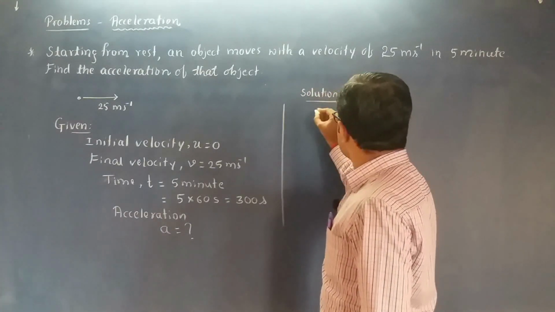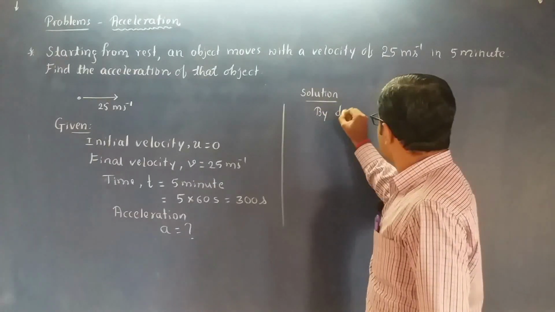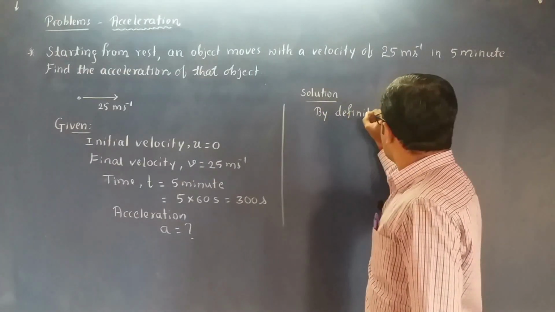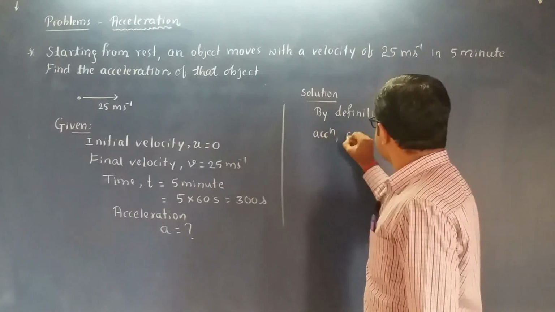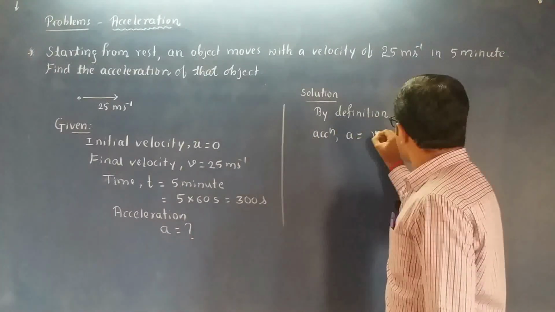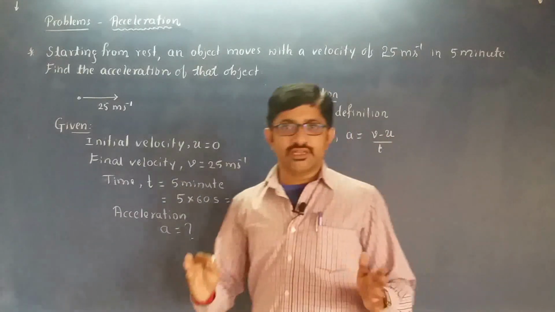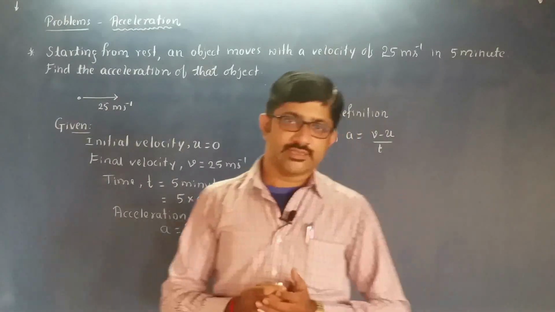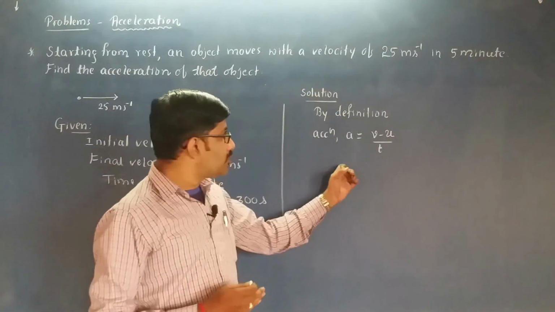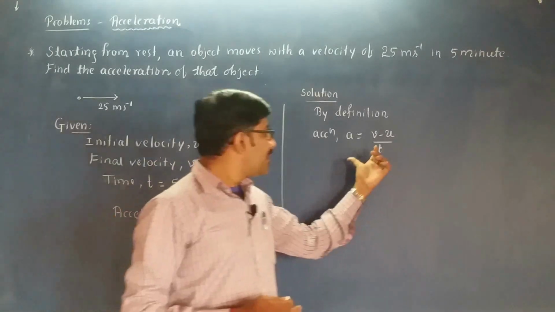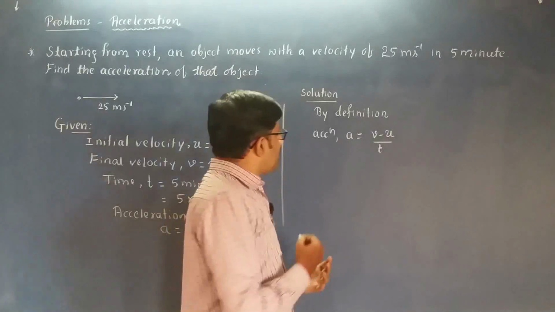By the definition, we already know that acceleration a is equal to v minus u divided by t, that is change in velocity of the object divided by time taken by that object. a equals v minus u by t.